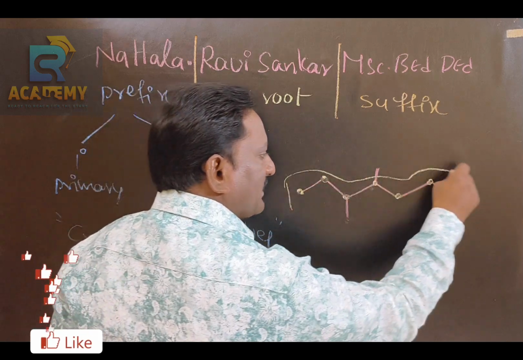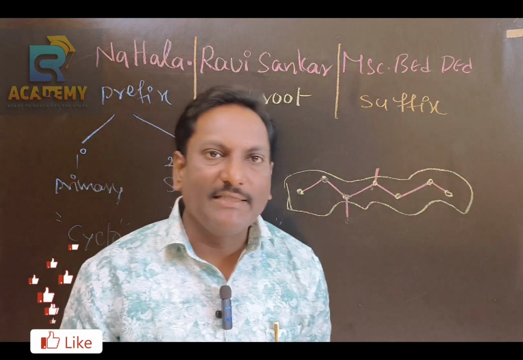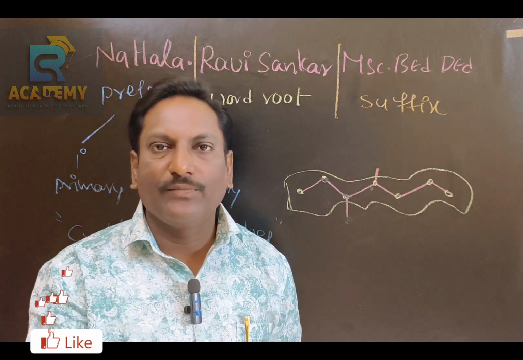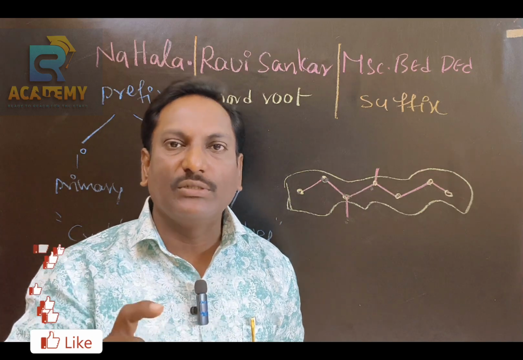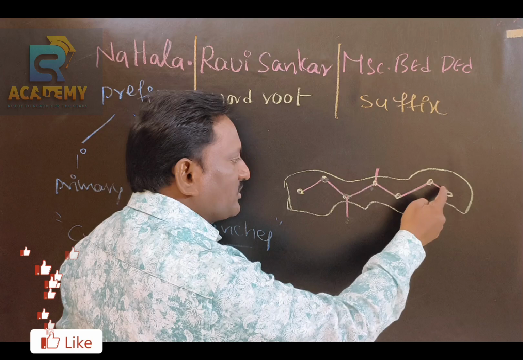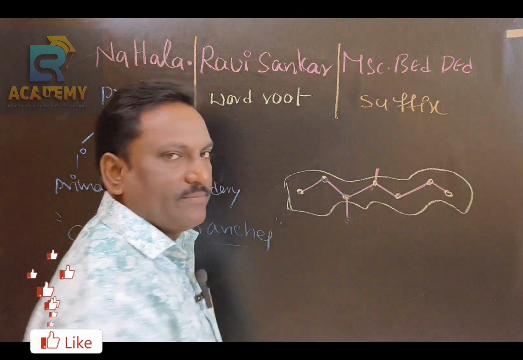So this is considered as parent chain. What is the parent chain? Parent chain is the longest possible carbon chain which is continuous in the given organic compound. This one is the longest possible chain. It must be continuous. This is a parent chain.